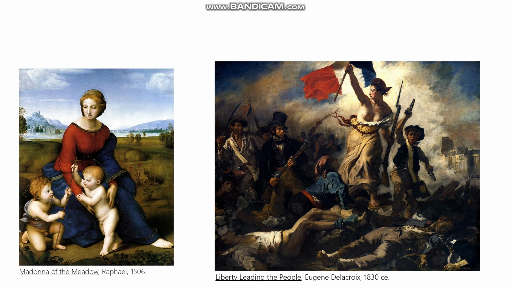So on this comparison between the Raphael and the Delacroix, one of the main points I made in class was that both compositions are triangular based, right? But there's a strong difference between this Renaissance triangle, which is very carefully composed.